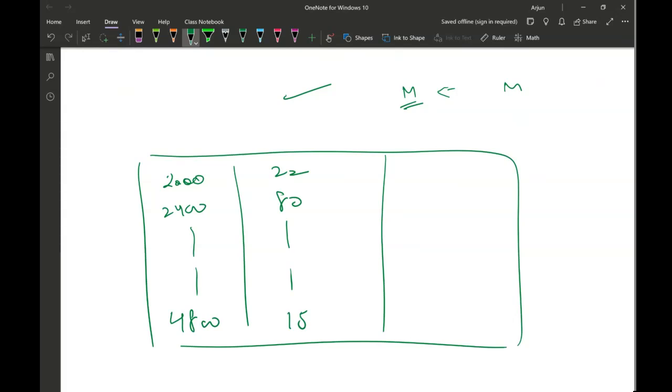So what you will do is, the electrical units, if I'm not mistaken, were given to you, and the number of households were given to you. Electric units consumed, so you multiply by the number of houses. So up to the units of 2000, 22 houses consume this many. Multiply these two, you're going to get it; it's like a frequency table.